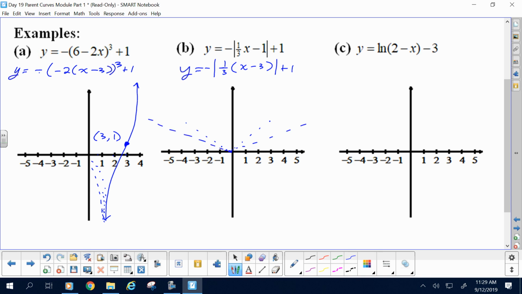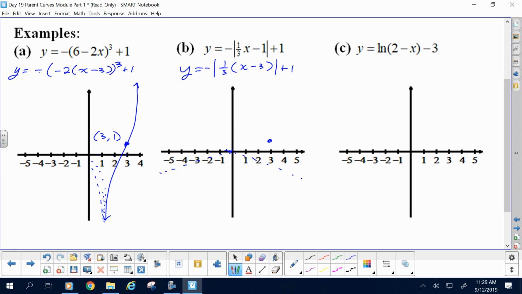So now we're even wider. And again, I'm going to do the stretches and reflections first, and then I'm going to do the shift. So I did the stretch, now I'm going to do the reflection. What does that negative do? Reflect it side to side or down? Down. So now I've got wide opening down. That's my shape. Now I need to figure out where to put it. Now do the shifts. Where does it get shifted? Right 3, up 1.